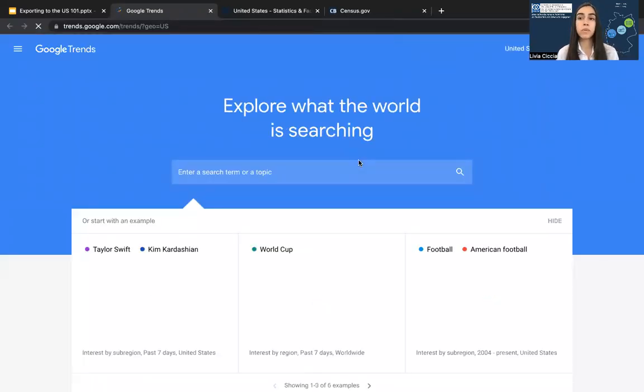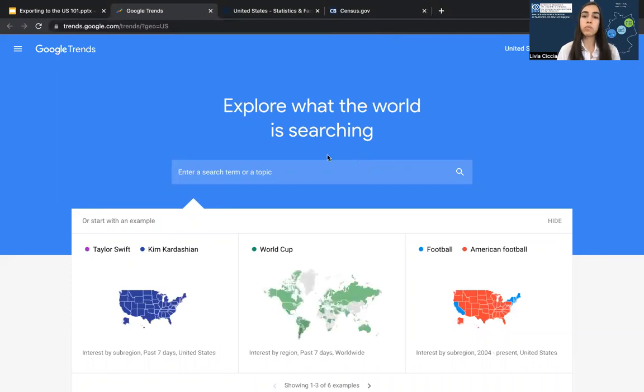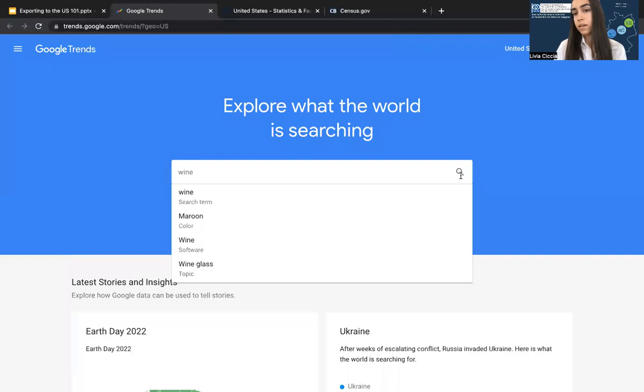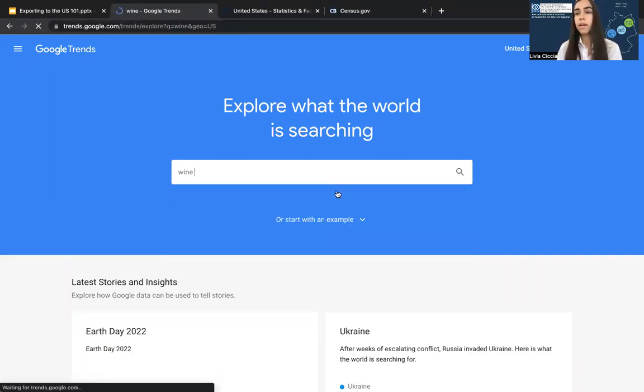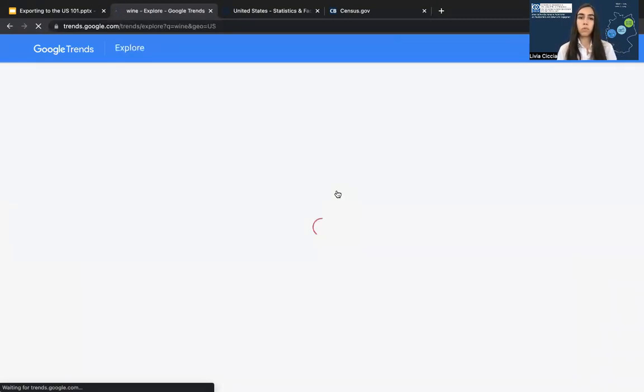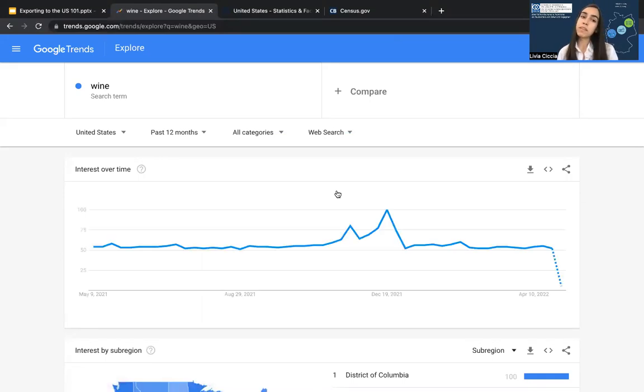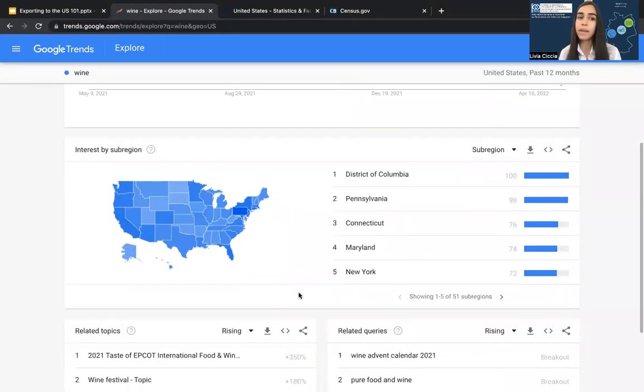If we are planning, for example, to export wine to the US, we will look for the word wine. And here it will show us where the term is most looked after, so we will understand where the people most interested in this product, such as wine, are.